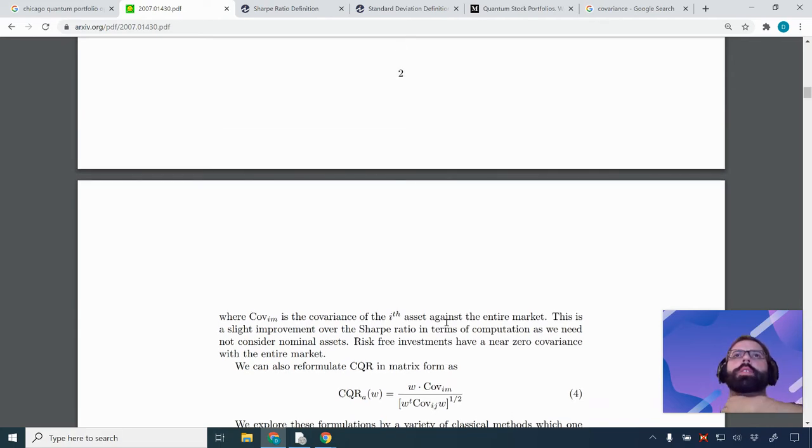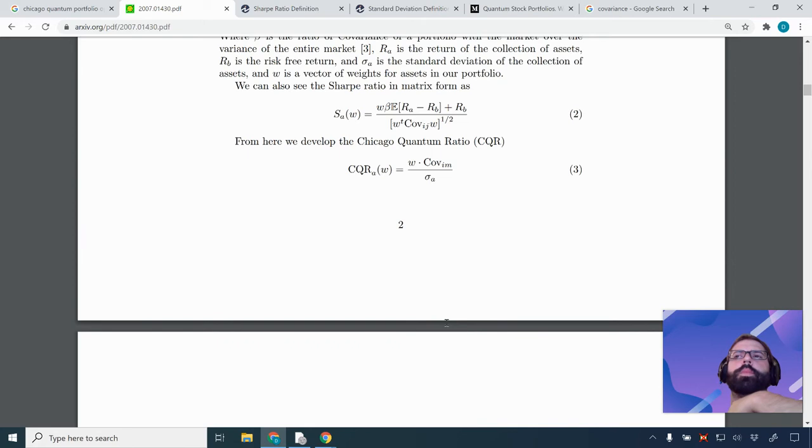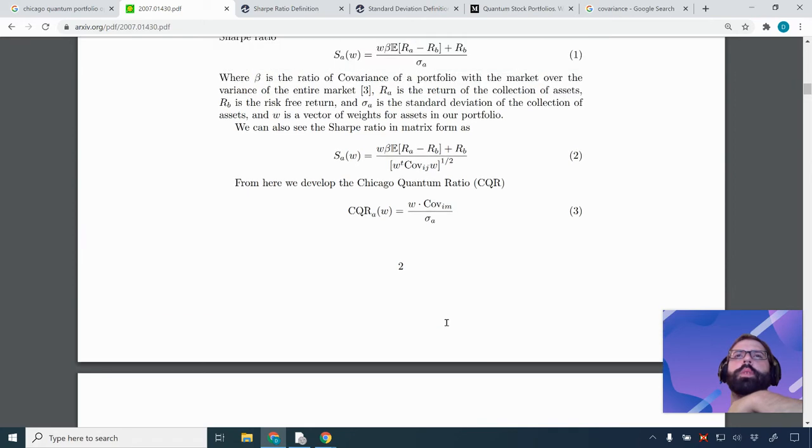Let's think about this for a second. So CQR is a ratio that tells you, so w is the vector of weights for assets in our portfolio. And I assume the weights mean what we're picking, right? So if the weight is 0, it means we're not picking this one.